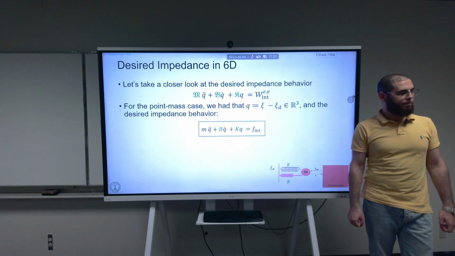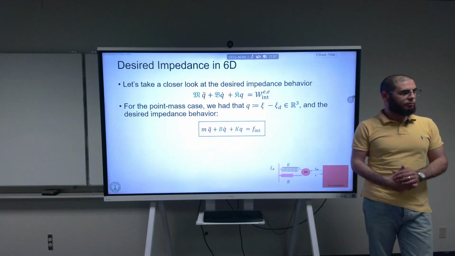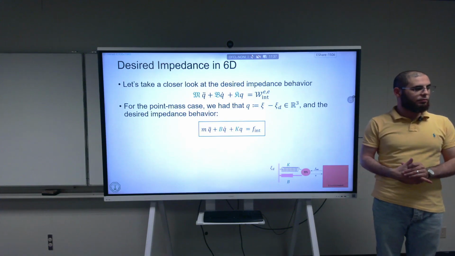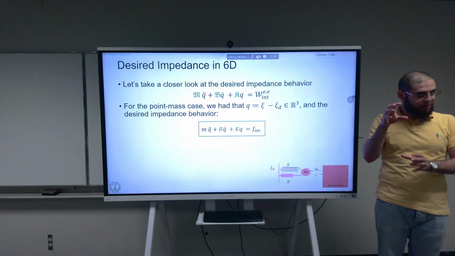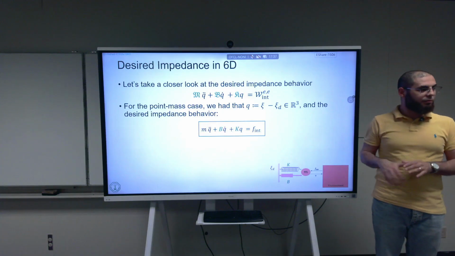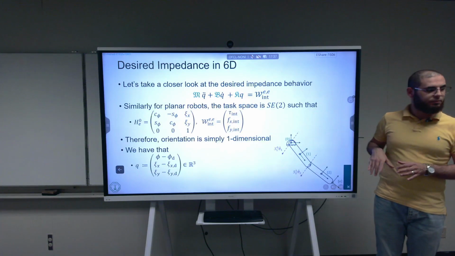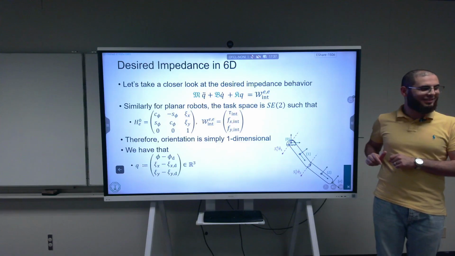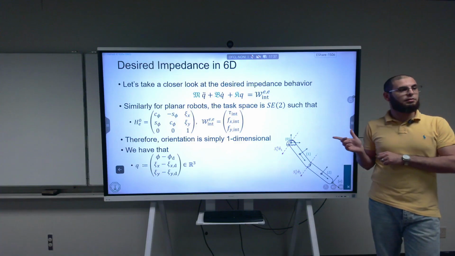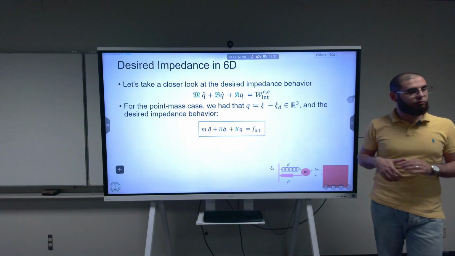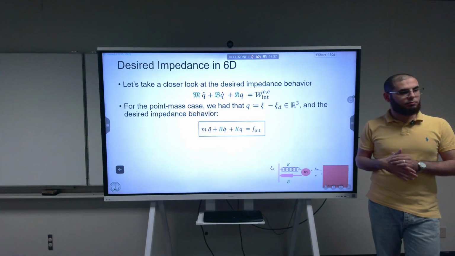Yes. This is the case of point mass, but you mentioned that M is the mass of the robot. Is it the mass of the end effector or the complete robot? I'm talking here about our robot in this example, which is just the point mass. Right now, that's the case of the robot. Samar, why don't you want to change the behavior of the mass in this?